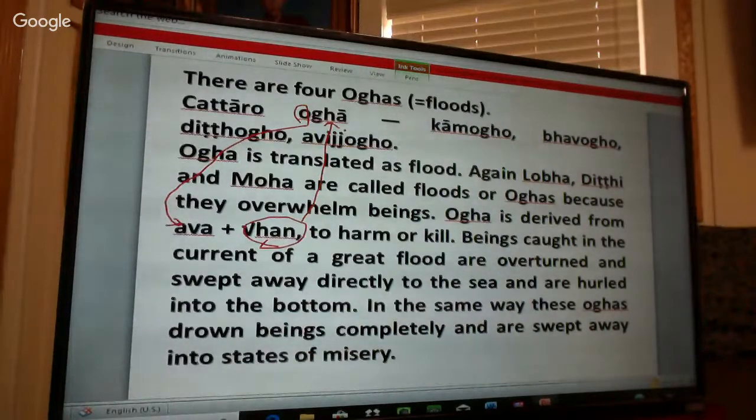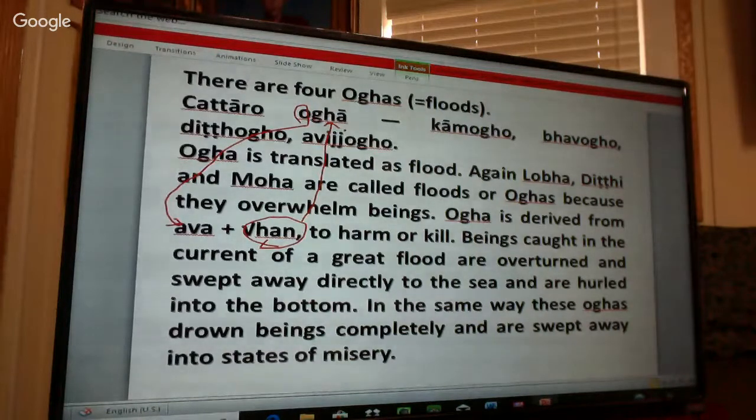Everything floods and is taken into the sea at that time. So Ogha has that meaning. That's why the meaning of Ogha is very meaningful to explain about lobha, attachment, to understand wrong view, and to understand ignorance.